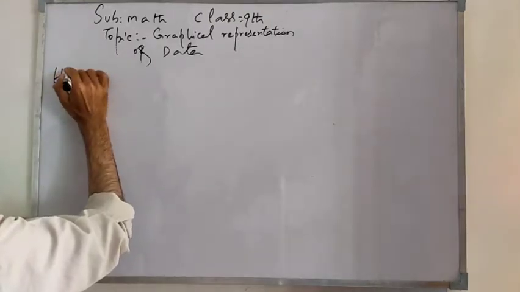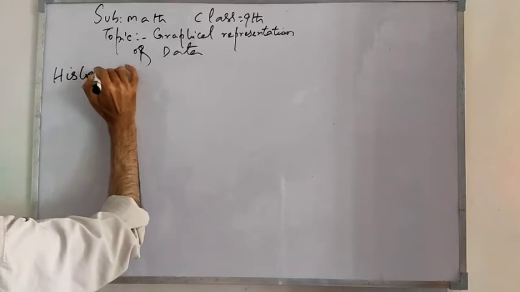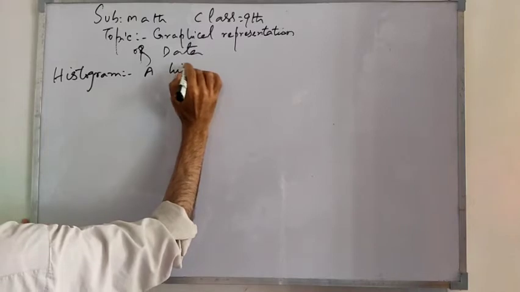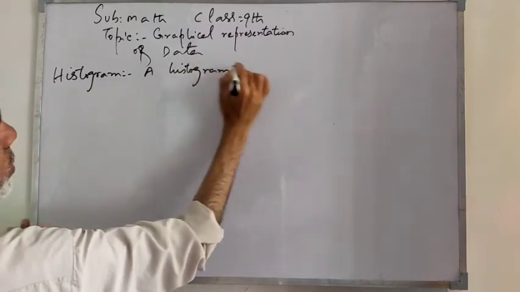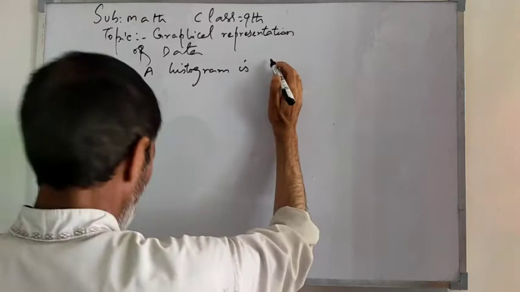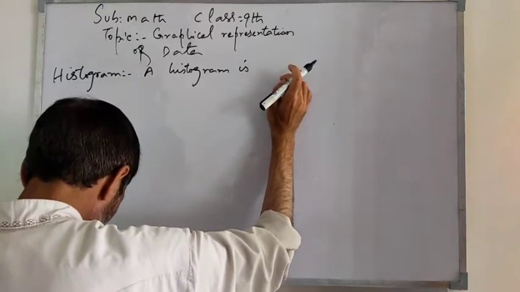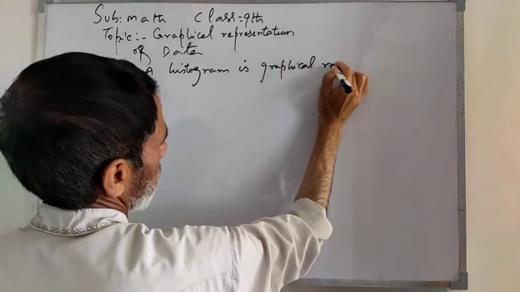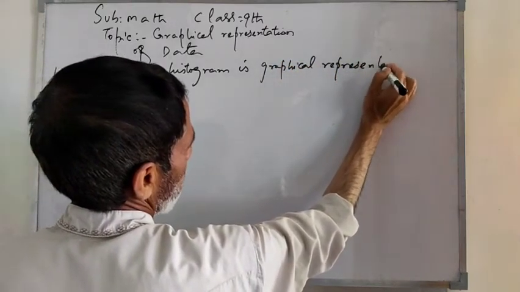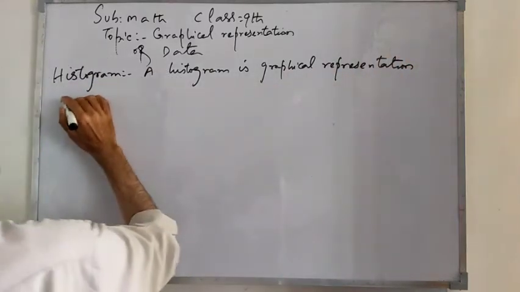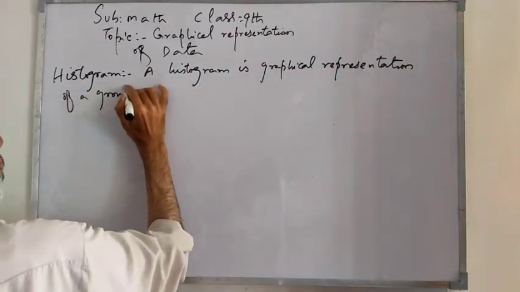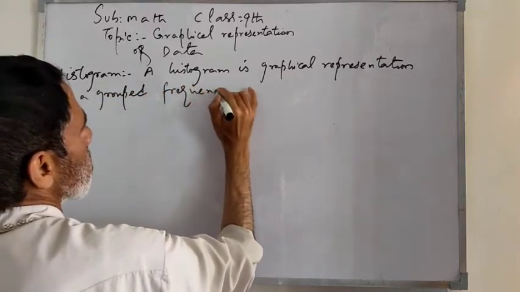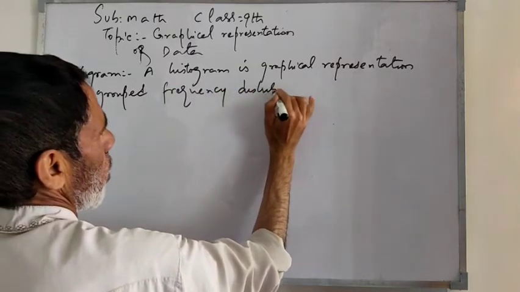After this, we will explain what is meant by a histogram. A histogram is a graphical representation of a grouped frequency distribution table.